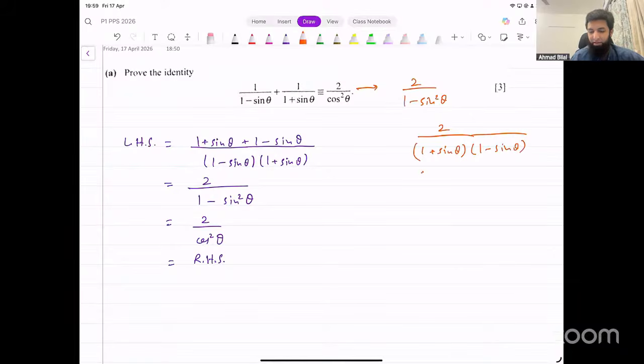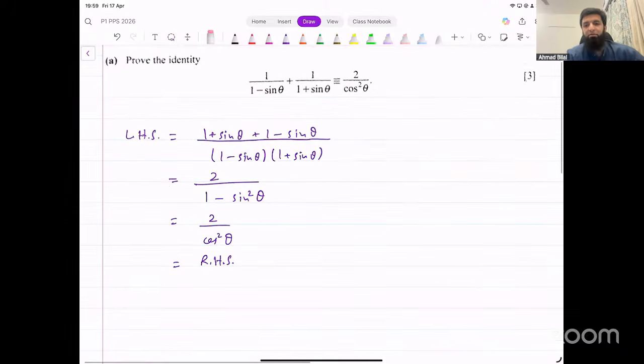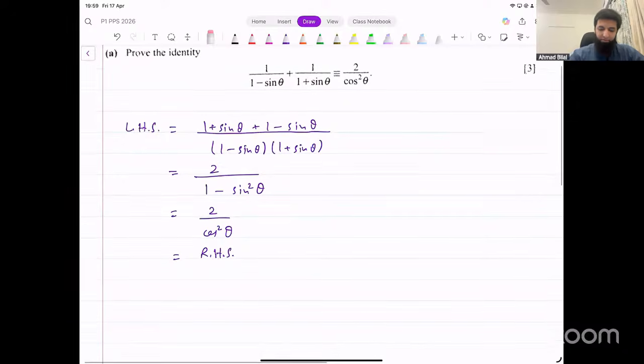Because how do you go from this to this now? You'll have to find partial fractions, right? That's pretty complicated. So no. In this case, it would not be a good idea to do that. But in general, you can start from any direction, from any side, prove that equal to the other side, and that will work. Okay? Achha.